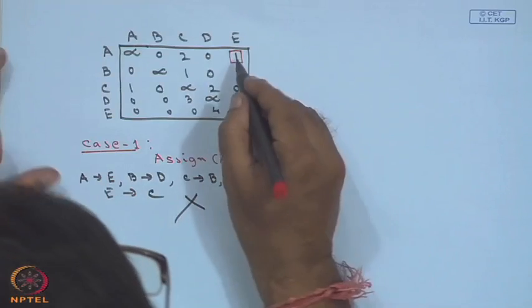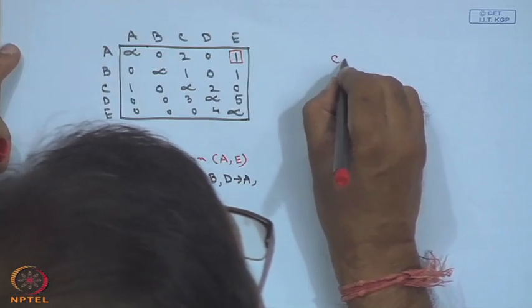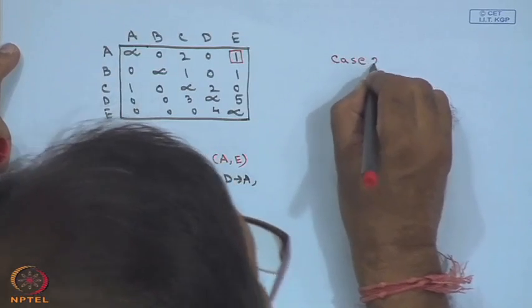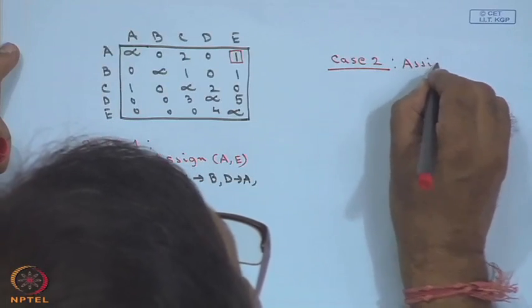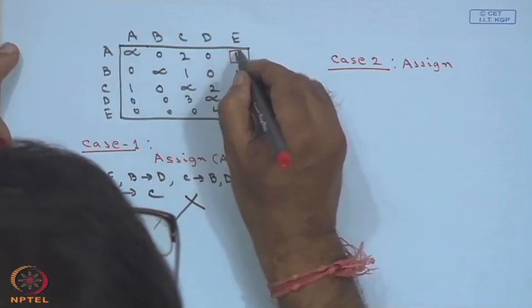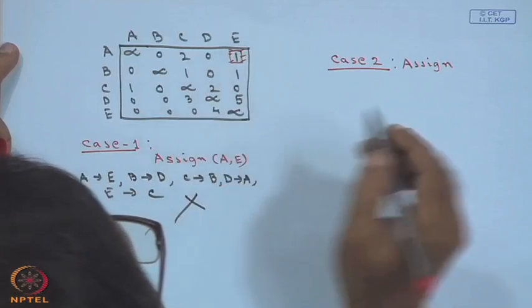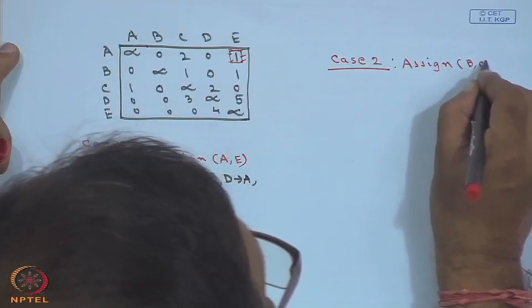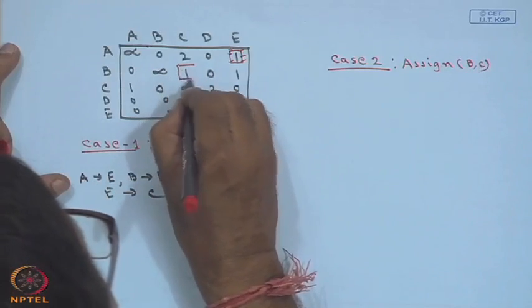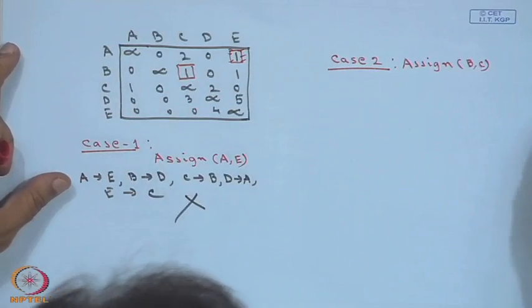Now, case 2, this one we considered. Now consider case 2 over here. In case 2, what do you do? You assign the other one, say B C, that is you assign this one first, then assign other rows and elements.